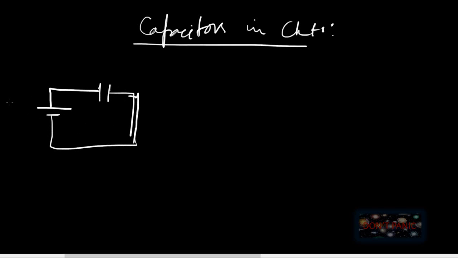Suppose the value of the battery is V, and the capacitance of this capacitor is C. Then to find the charge on this capacitor, you would use the formula Q equals CV, and that will give you the charge. What this charge would mean is that this plate has some positive Q on it, and this plate has some negative Q on it. Okay, so that was a very simple case.